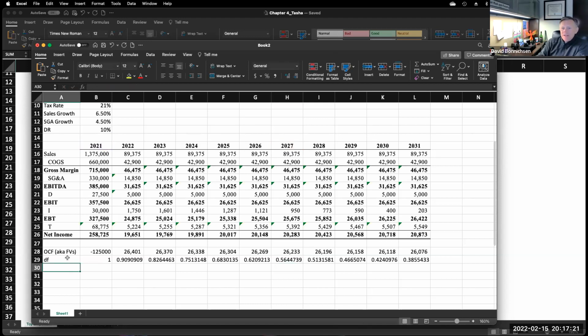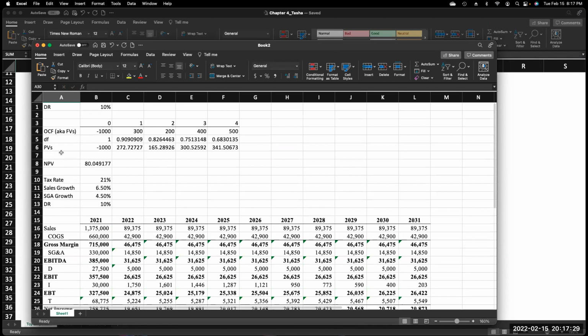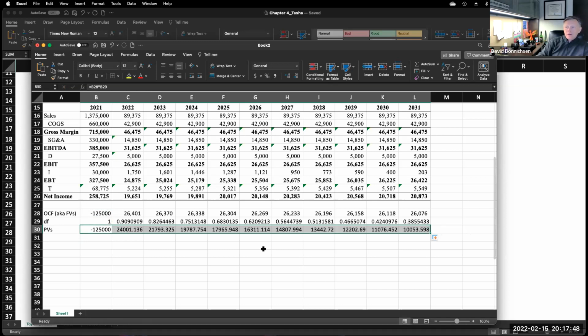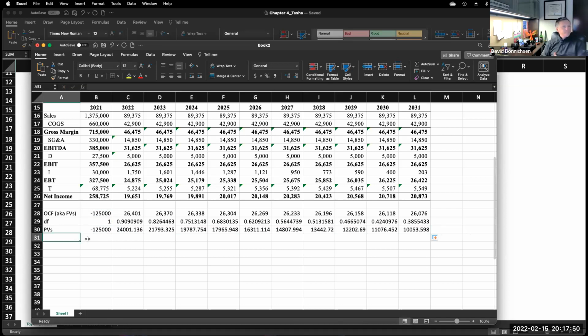And once I have my discount factor, now what can I do? Calculate the present value. Now we can figure out present values, right? Present value equals future value times discount factor. Do it one time, click and drag.